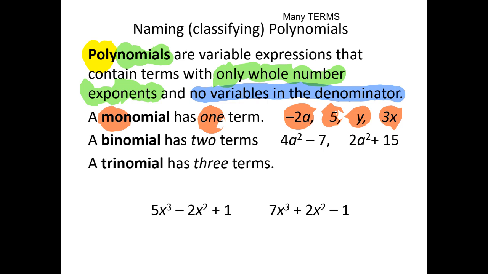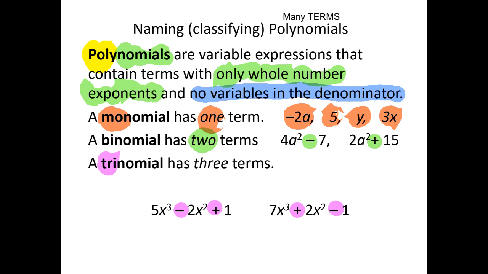Now, a binomial has two terms, but the key is it has two terms because it has a plus or a minus between two monomials. Okay, and then we have the trinomial, which can have plus and minus, or it can have two minuses as well, or two pluses as well, but it is a three-term polynomial.